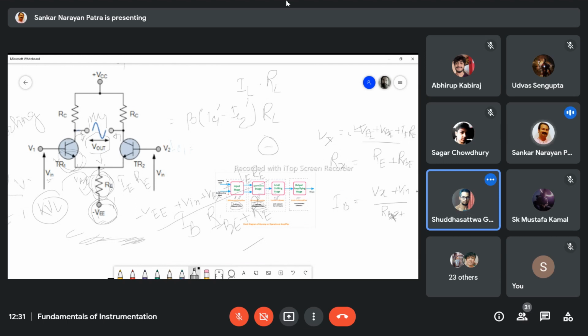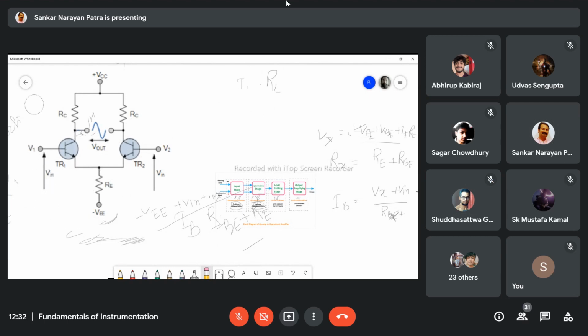I am considering that in Kirchhoff's law there will be a voltage drop. Let me make it clear.